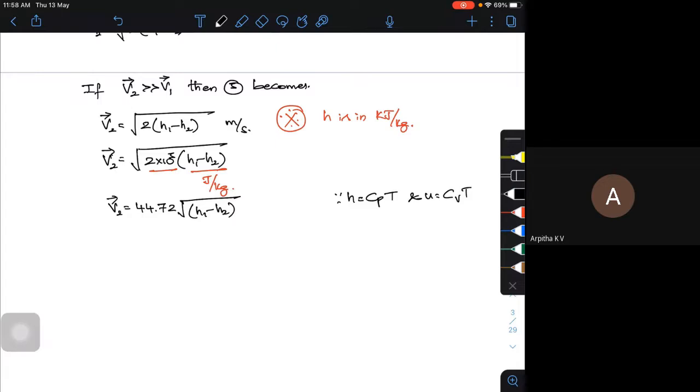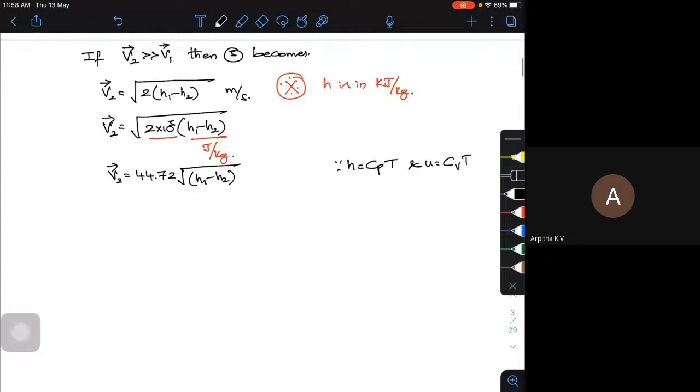And H is greater than U because Cp is greater than your Cv. So here I can write your V2 is equal to 44.72 square root of Cp into (T1 minus T2). So this is your equation 4.